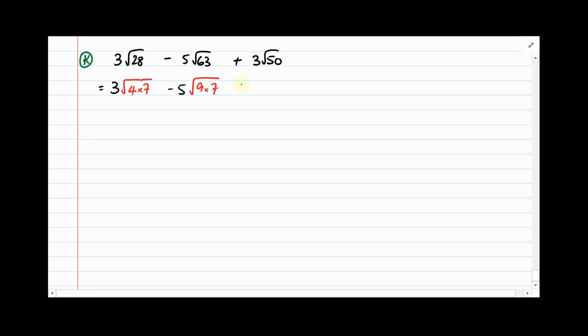And 50 is 25 times 2. Okay. Let's simplify each of these. I'll use a bracket. Square root of 4 is 2 root 7. Next term will give me 3 root 7. Next term will give me 5 root 2.